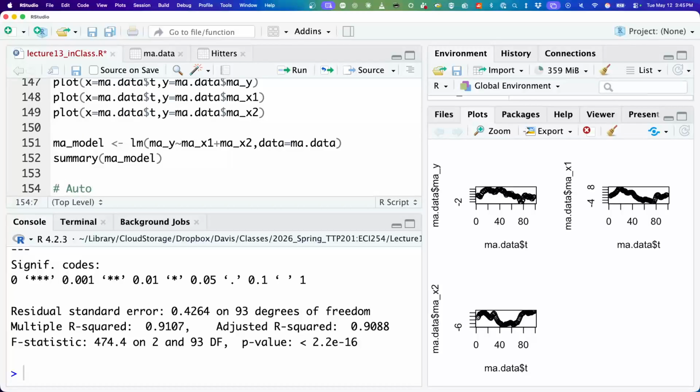So I'll show us a quick example using the ARIMA package, a model that encompasses the ability to do autoregression.